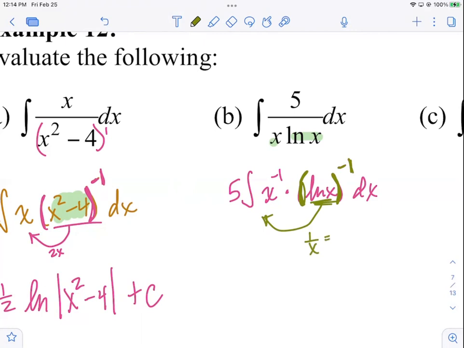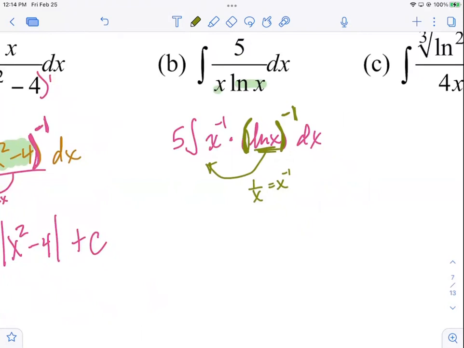Is that the same as x to the negative first? It is. So are we off by anything? No. So the x to the negative first gets packaged up. And now our inside function is inside blob to the negative first, which is the rule of integration. What's the rule of integration when it's blob to the negative first? Natural log of the absolute value of blob plus c.